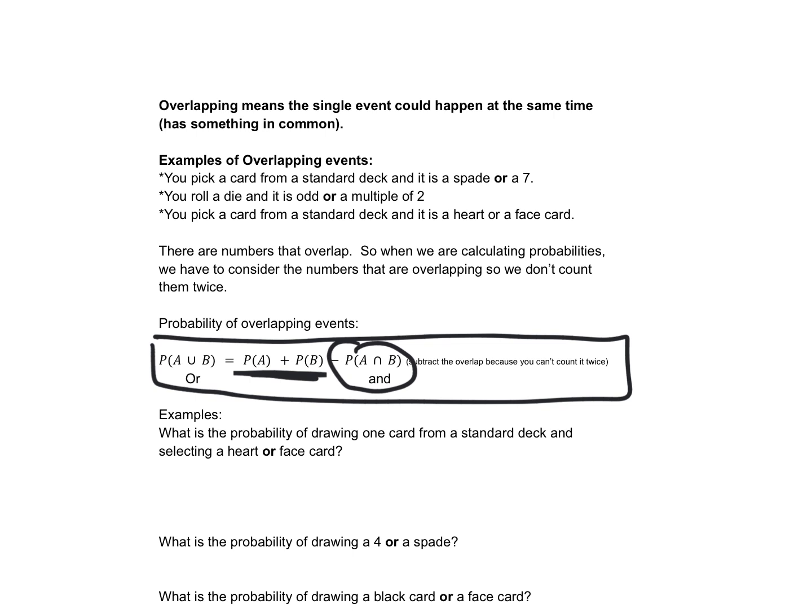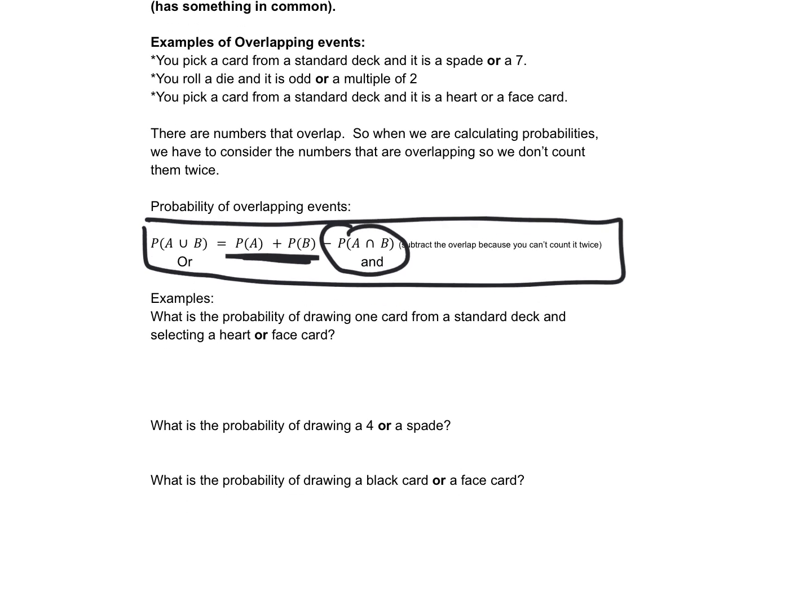So for example, what is the probability of drawing one card from a standard deck and selecting a heart or a face card? Well, the probability of a heart, remember how many hearts are there in a standard deck of cards? There are 13, so hearts would be 13 out of 52. A face card, there are 12 out of 52. But we can't count those heart face cards twice.